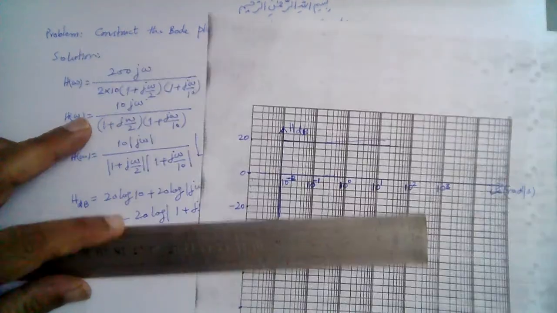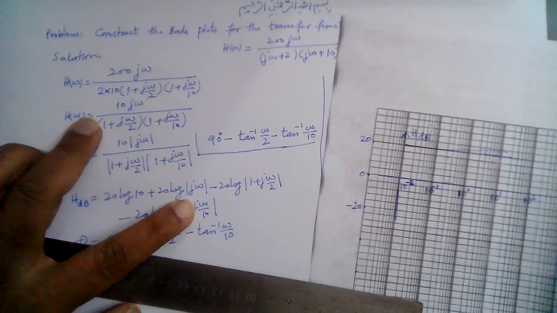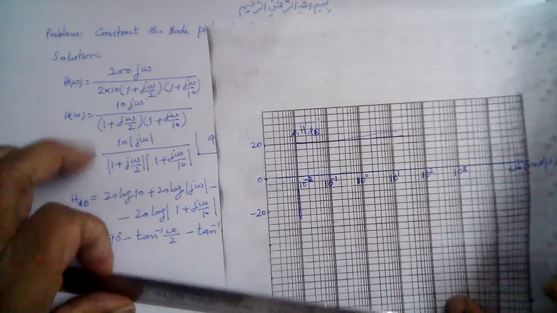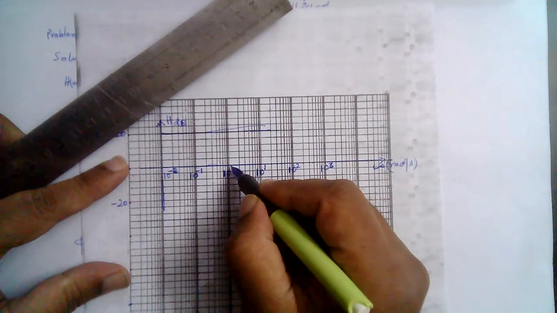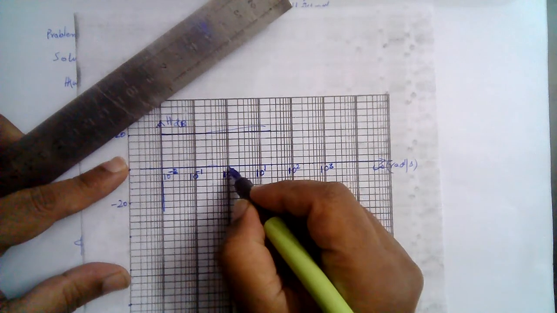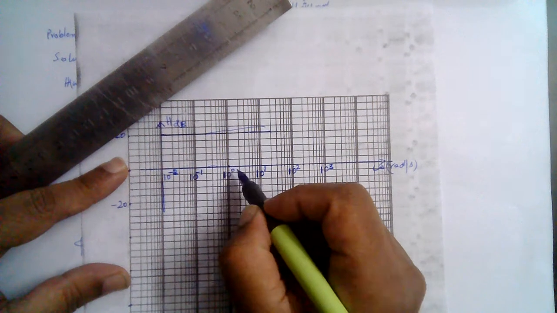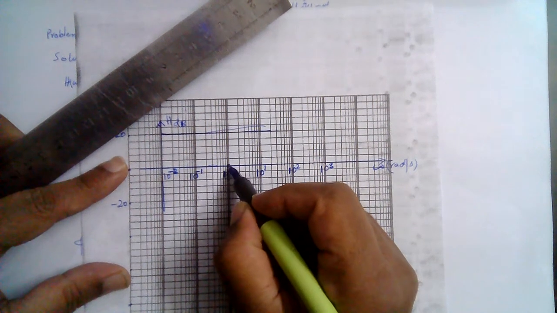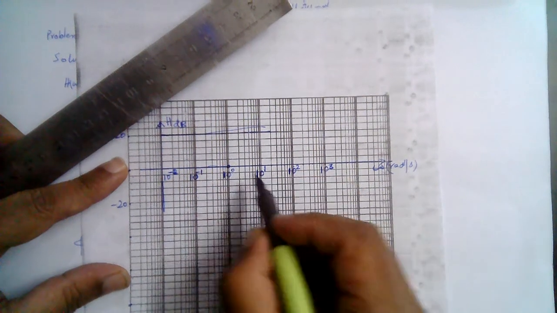So that is one term, and the next term is 20 log j omega. This is a straight line with a slope of 20 dB per decade, and it is 0 at omega is equal to 1, because 10 power 0 is 1. So it is 20 dB per decade. So this is 1 decade, for example.